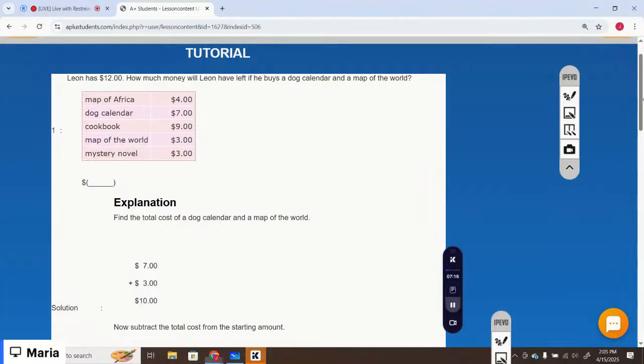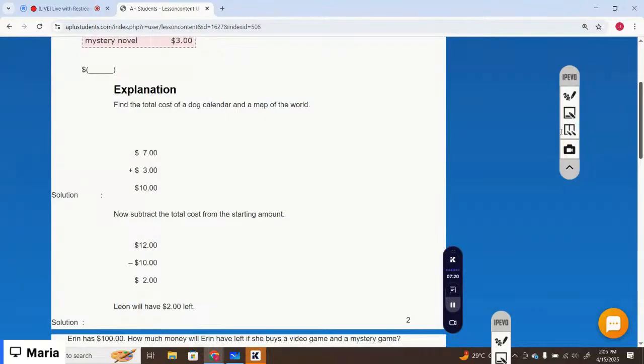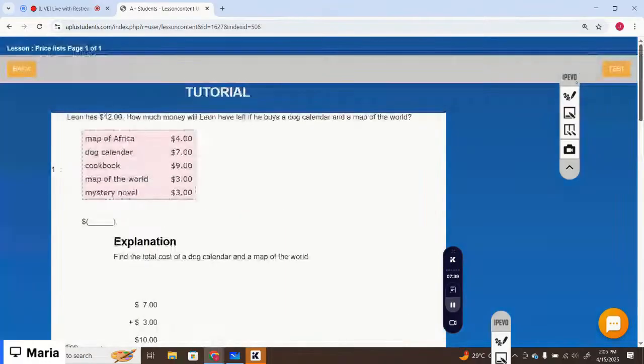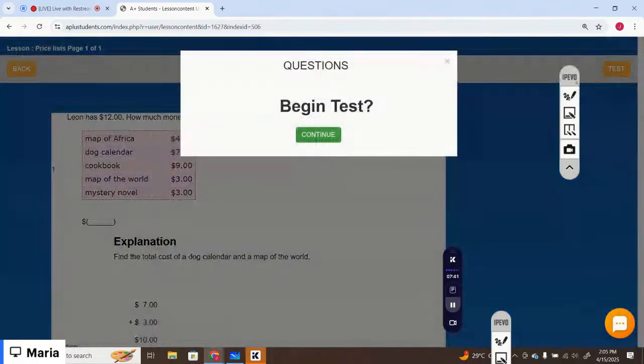So just add the price of the map of the world and the dog calendar. 7 plus 3 is $10. That means he spent $10 on the dog calendar and map of the world. Now we need to see how much he has left. So 12 take away 10 is 2. So that means now he has $2 left. Got it? Let's just start with the test questions.